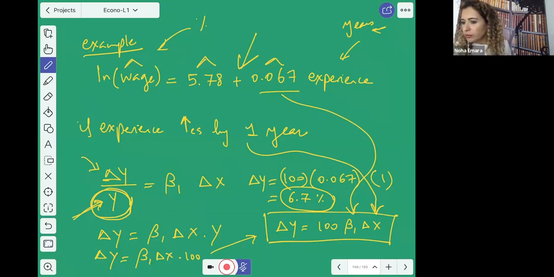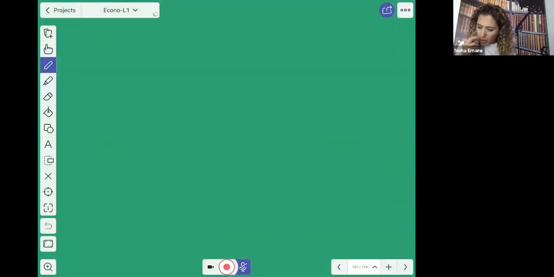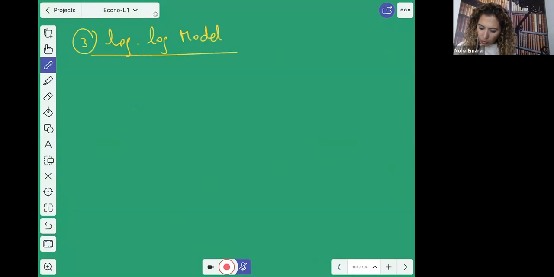Next, suppose I have, and this is the easiest one, log. So I have log y is equal to beta naught plus beta 1 log x, okay?